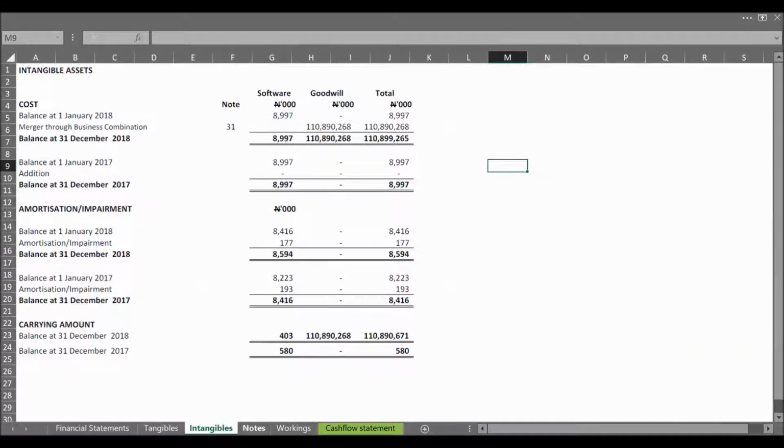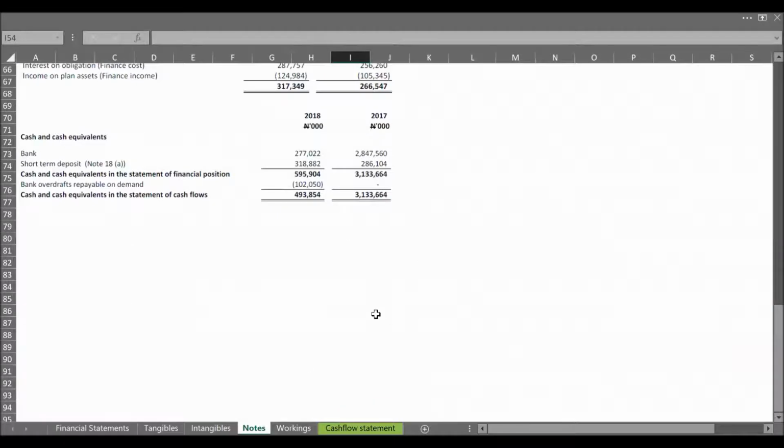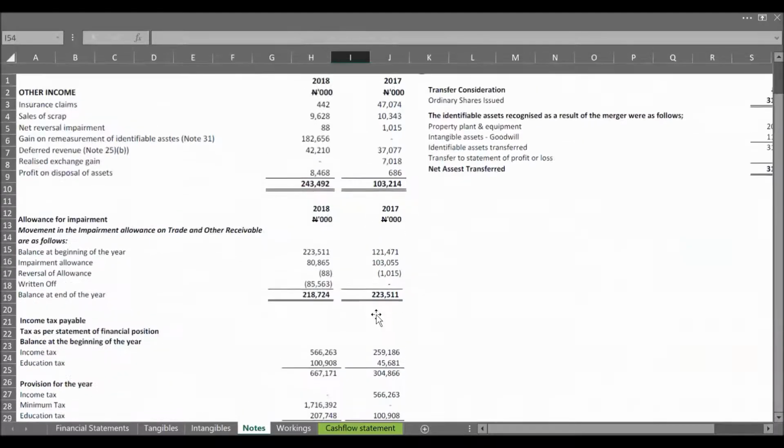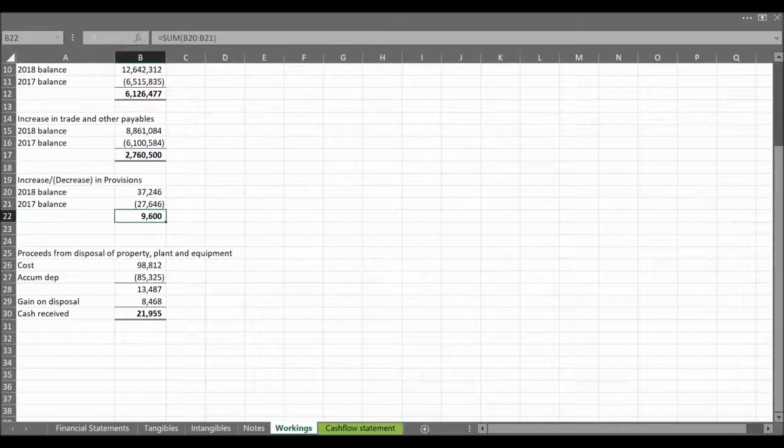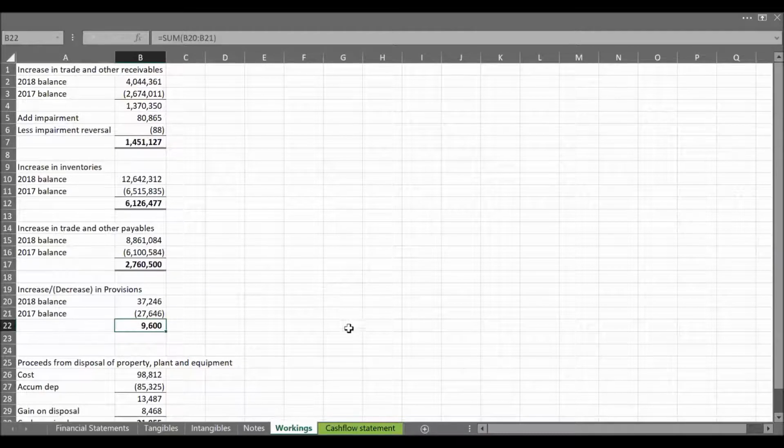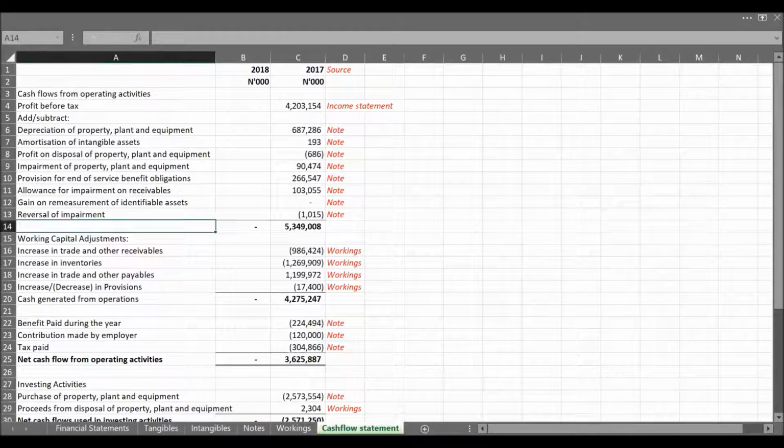Then there are some key notes in the account that you need to look out for in preparing the cash flow statement. So I've extracted those key notes that were used to prepare this particular financial statement. Then you have some additional workings to support the preparation of the cash flow statement. All right, so let's start without wasting much time on the cash flow statement for 2018.